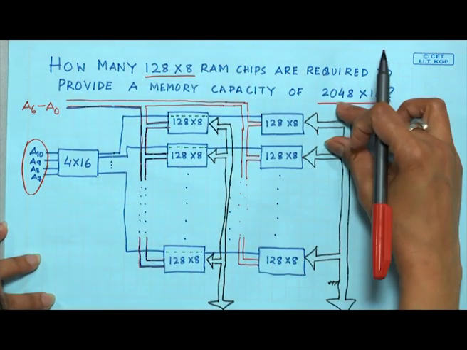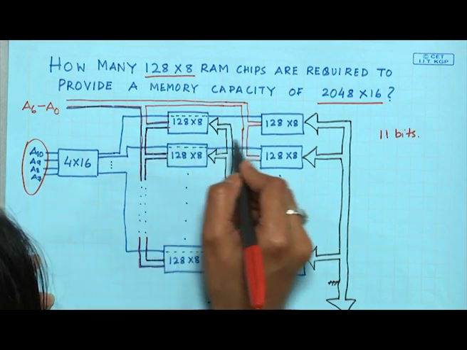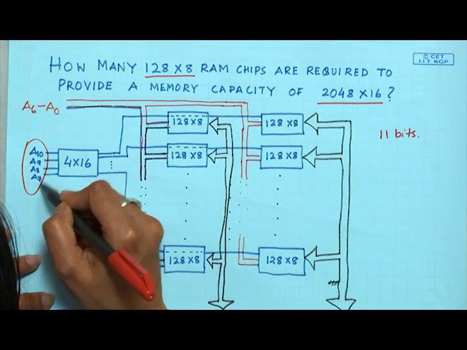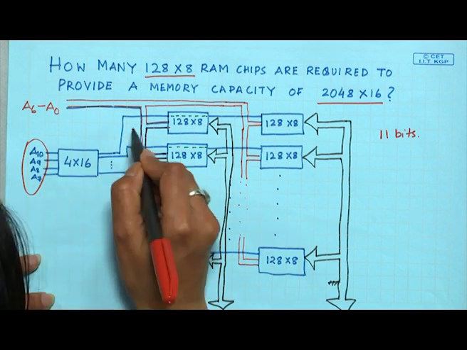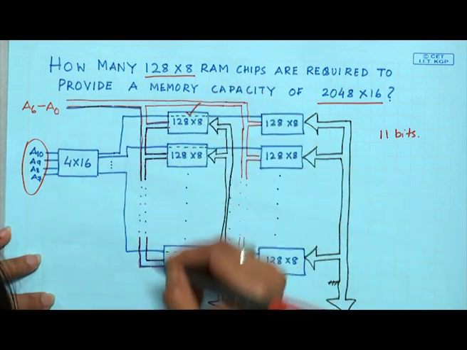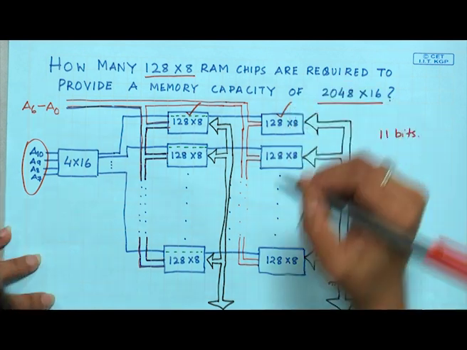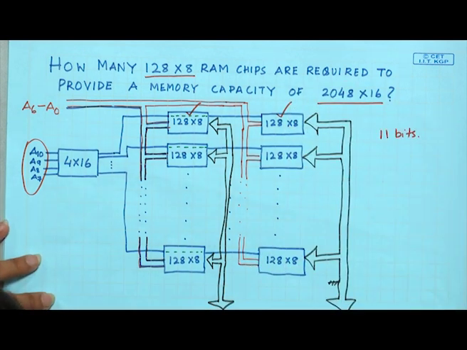So, this is a row. In this particular row, when I give 0 0 0 0, then this chip gets selected and also this chip gets selected simultaneously, because both are connected.